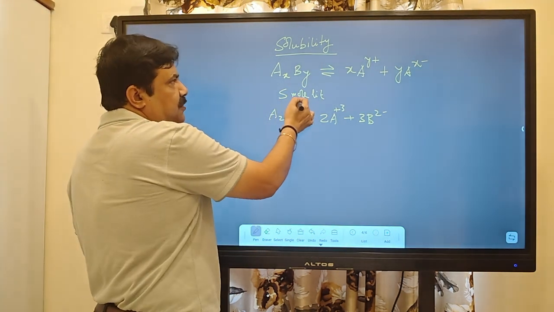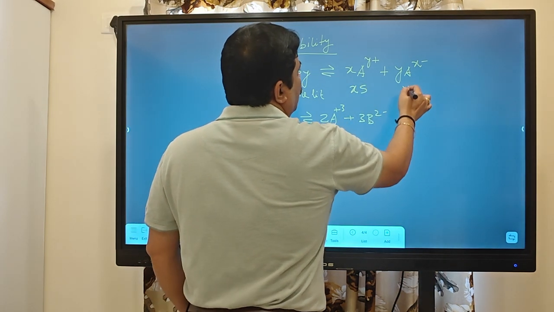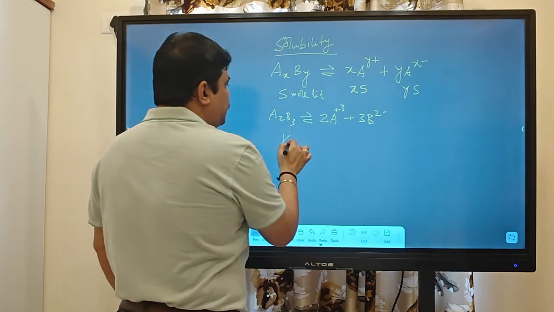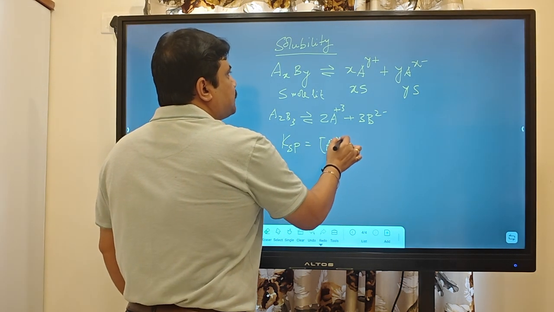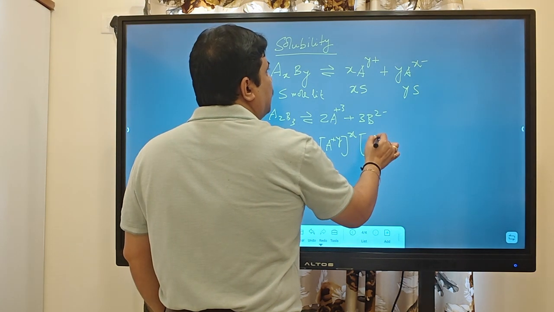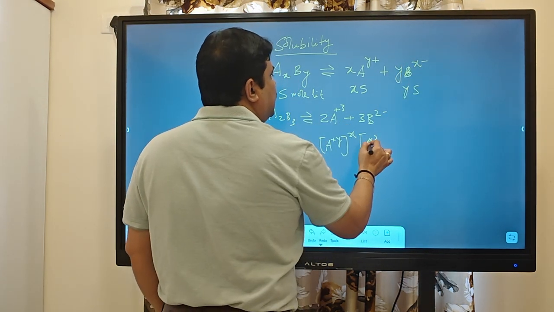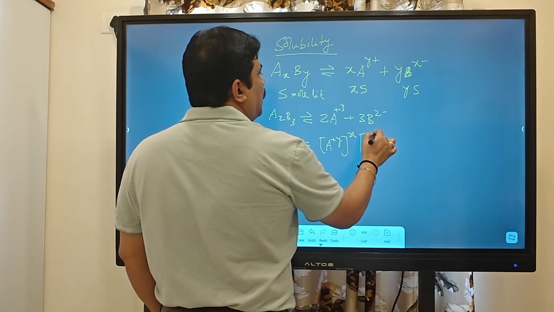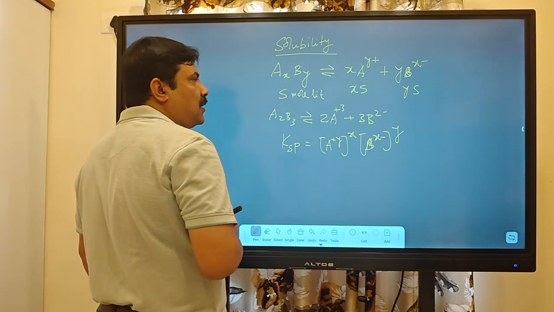If the solubility is S mole per liter, then here you will get xS and yS. Then the Ksp expression will be equal to A to the power x and B to the power y.